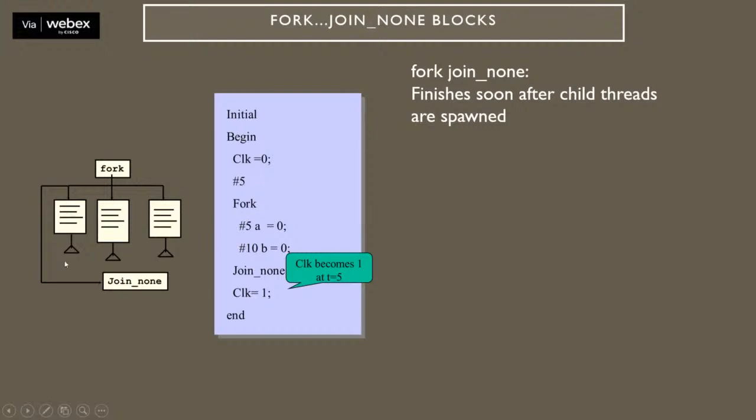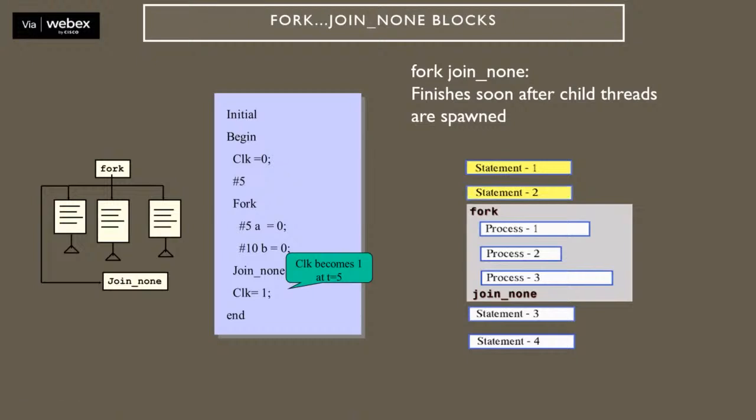So here you can see the pictorial representation. They are all separate and have separate endings, so they are not going to be dependent. The join will not be dependent on the completion of these child processes. You can see that through an example in this form.